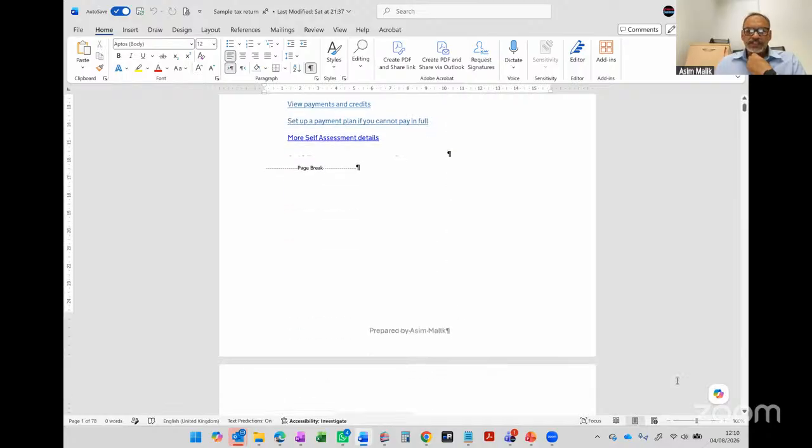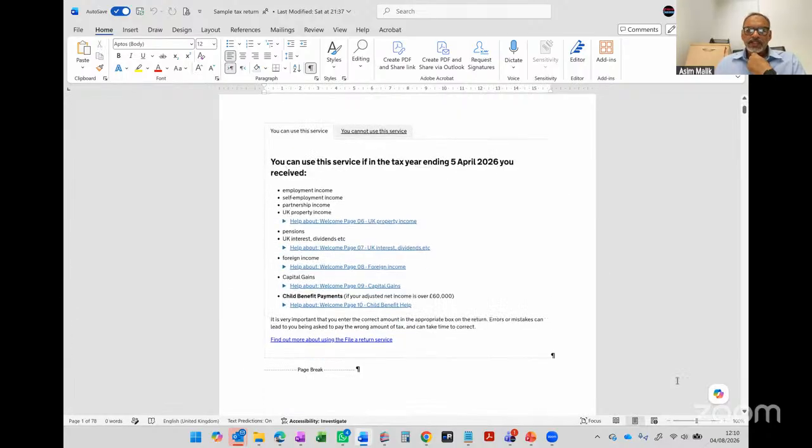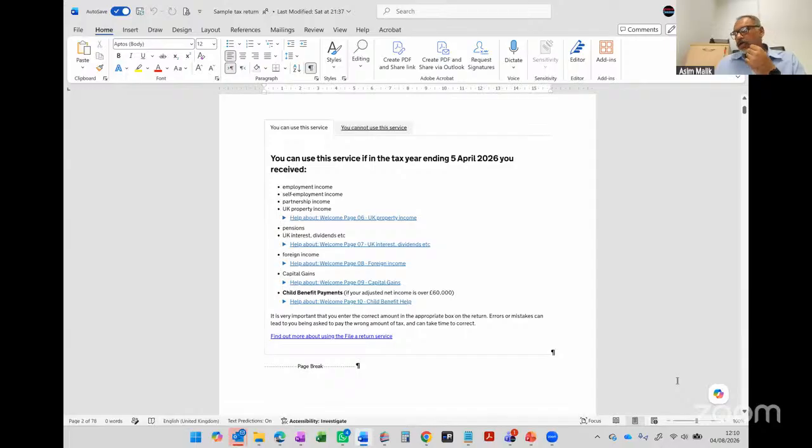So let's start with the tax return. Now, going back to the topic of why you need to do a tax return, there are certain occasions: employment income of a certain value, mainly £100,000, triggers a tax return. You've got self-employment income, partnership income, interest, dividends, foreign income. You've got capital gains tax, although it's been reported earlier on a real-time information basis, within 60 days, but still it has to go into the tax return.